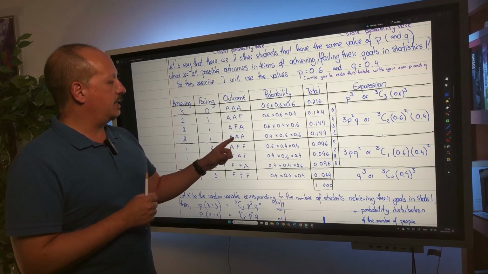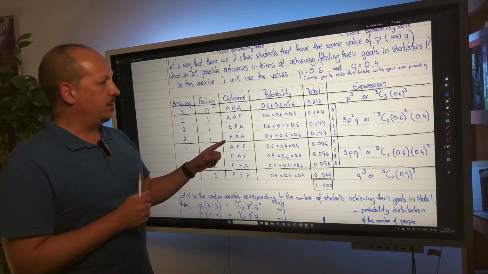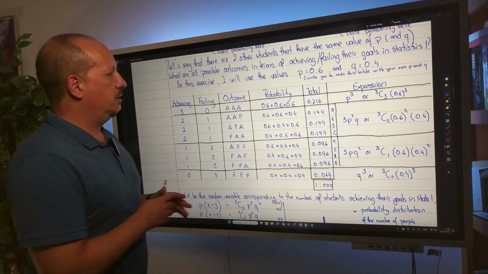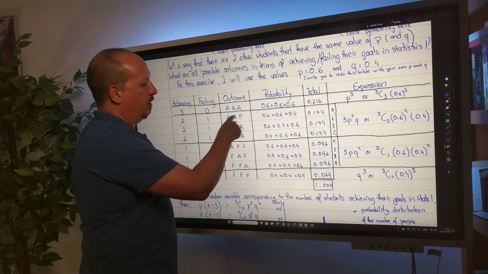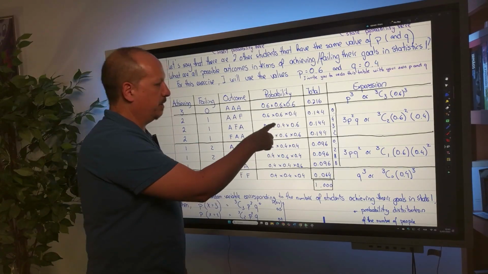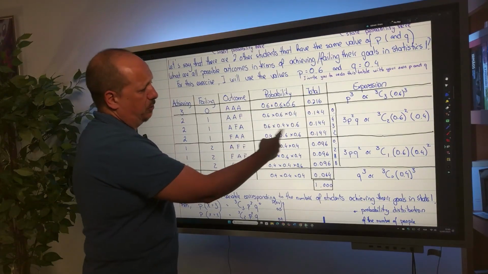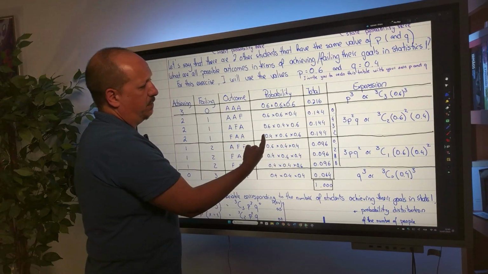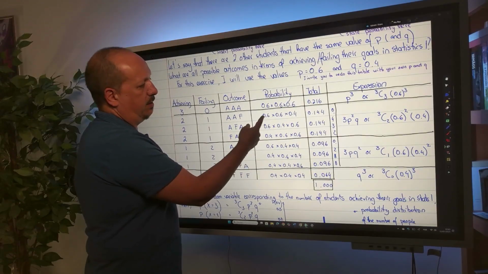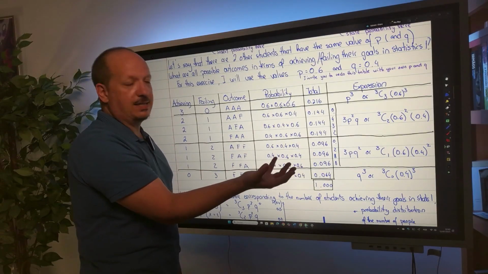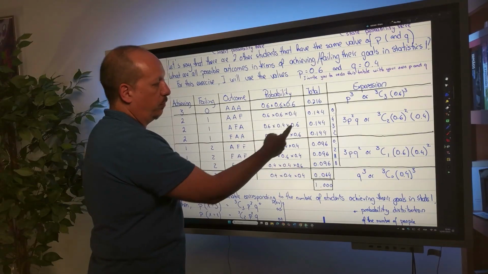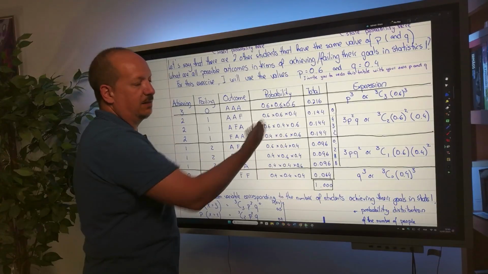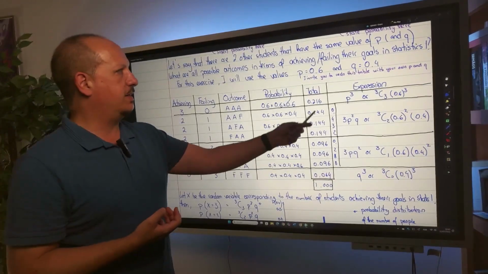A fails and B and C achieve. You have here the probability of each one of these arrangements happening. But if you look at them, they are all the same. You have 0.6 multiplied by itself twice, and you have 0.4 in different positions, but it's still the same calculation. That's why you have the same result.